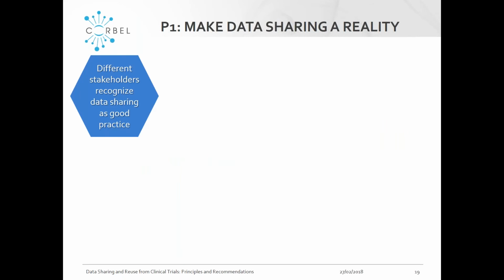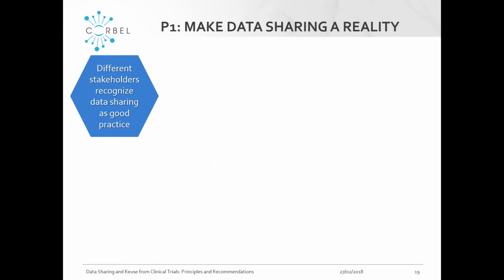First of all, the system can work only if the different actors, all the different stakeholders involved in clinical research data, recognize data sharing as a good practice and do something to promote it.